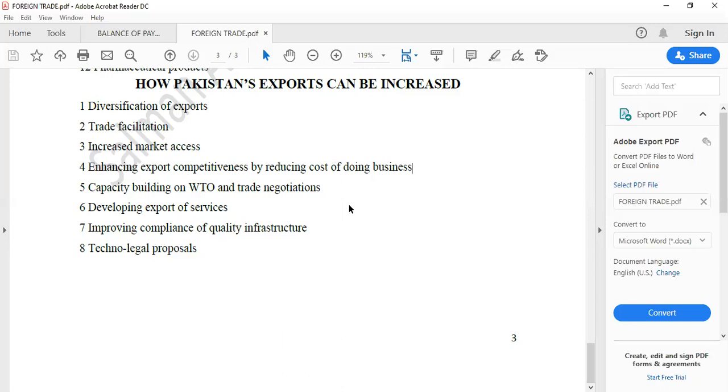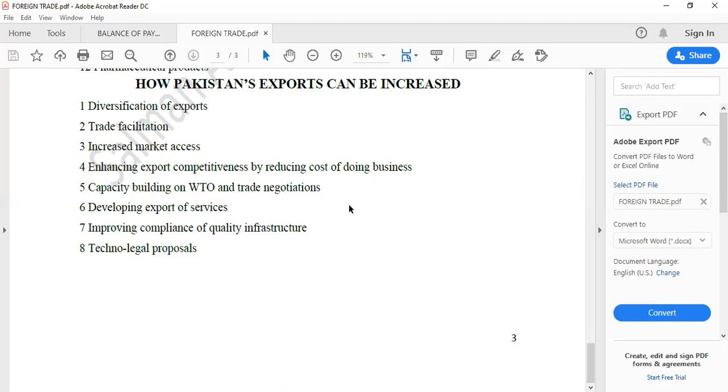Seventh, improving compliance of quality infrastructure. There are some quality measures: when we produce something, is it according to the standards of the world? Those quality measures are given by the WTO. They are also named under the ISO certifications.